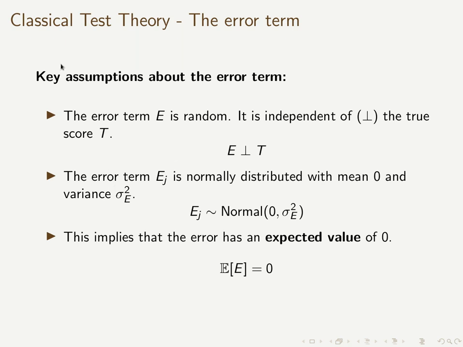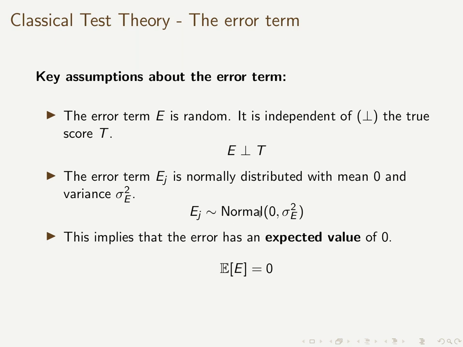To simplify things, we're going to model the error term as following a normal distribution. So we're going to assume that the error that we observe on each individual measurement collection is going to be a sample from a normal with a mean of 0, so centered at 0, that's going to be the highest value of our distribution, and some unknown variance.